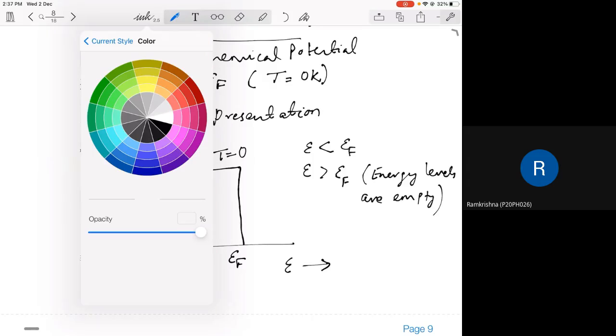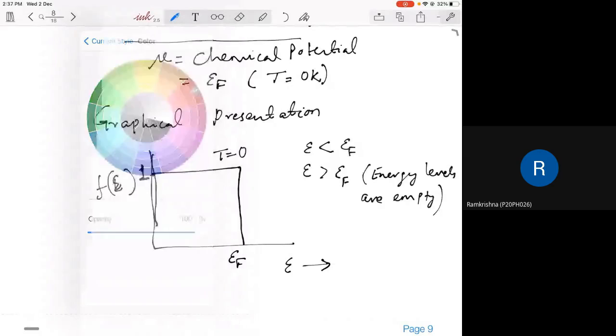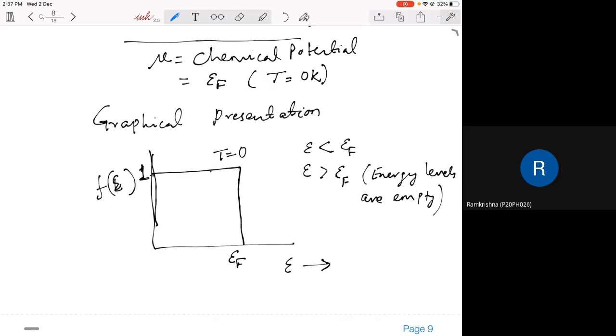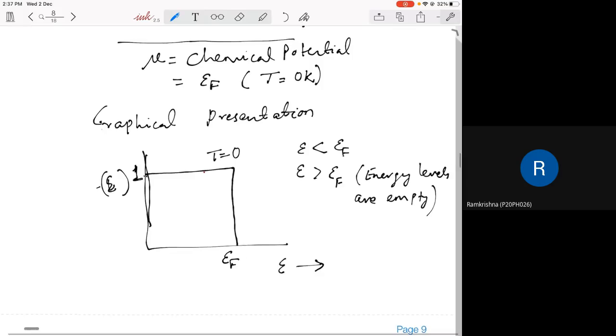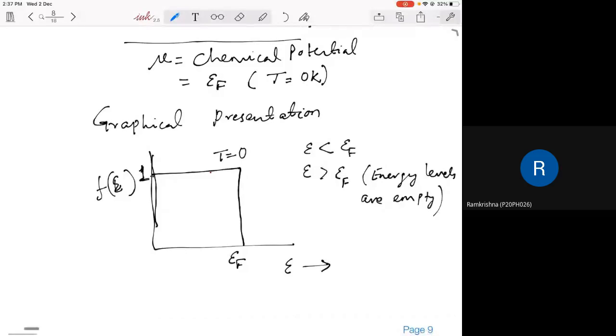But now if you increase the temperature, some electrons can jump to higher energy levels, because they will get this energy kBT, and the distribution will change accordingly.